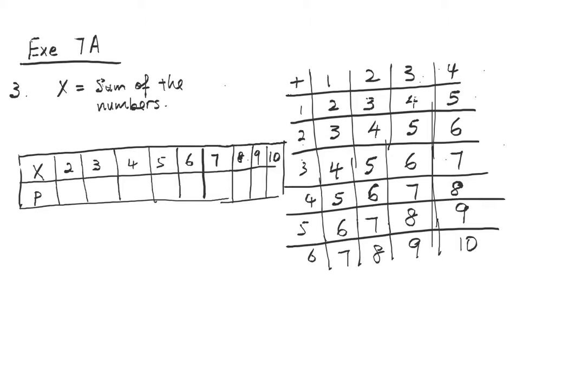Okay, how many possible outcomes in this case? 9. Are you sure it's 9? You count whatever is in the box.